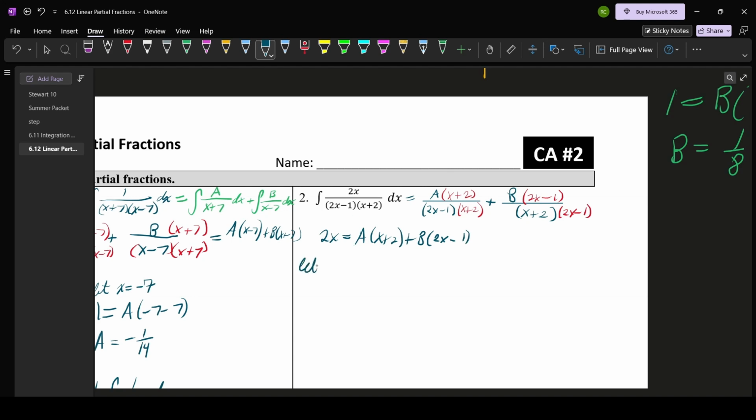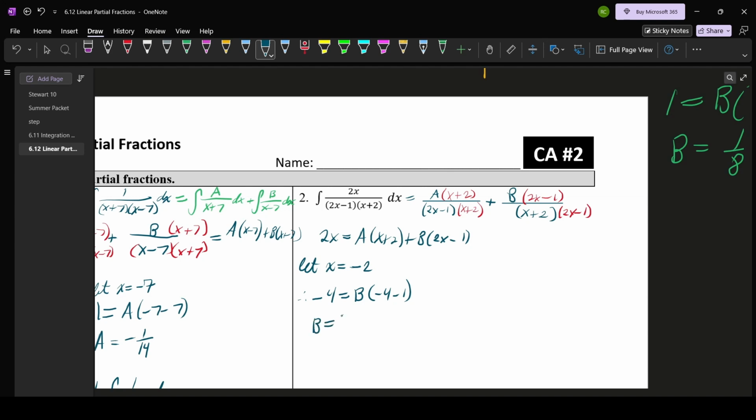Okay, so let's let x equal negative 2. Therefore, left side 2 times negative 2 is negative 4 equals, well, that term cancels out. I'm left with b times 2 times negative 2, which is negative 4, minus 1, which is negative 5.